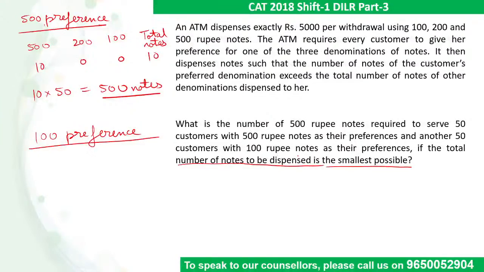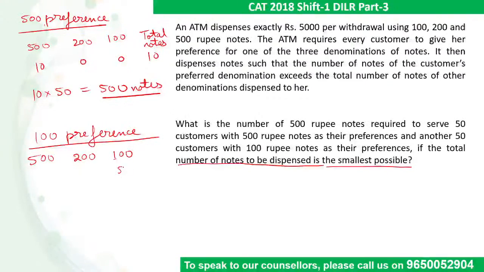Now there are customers with 100 rupee notes as their preference. Okay. So what we have in this case is you have to minimize the number of notes, right? So if I have to minimize the number of notes, it has to become a multiple of 500, right?